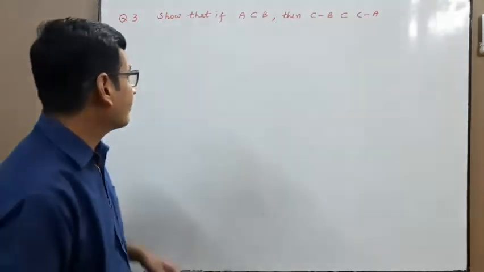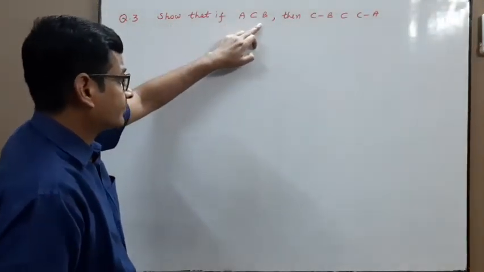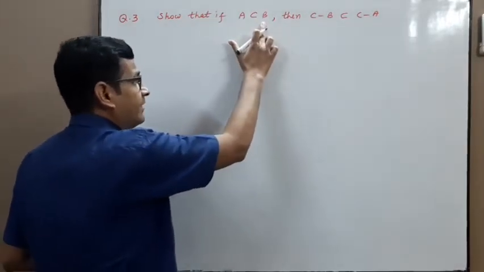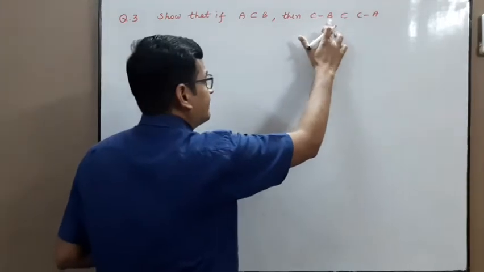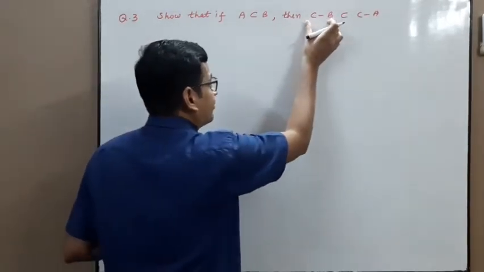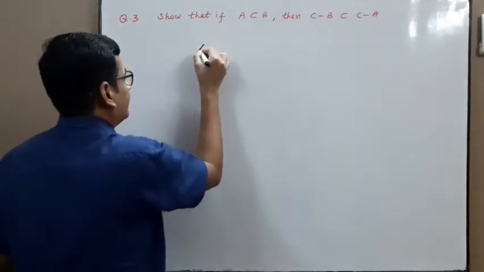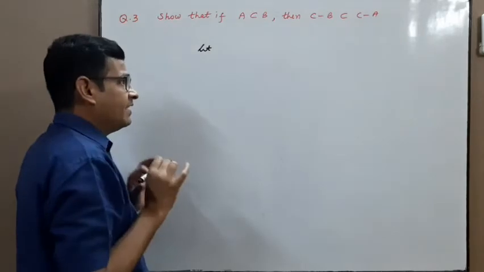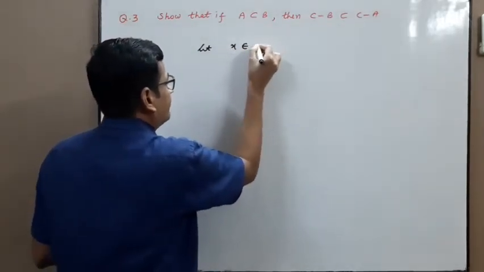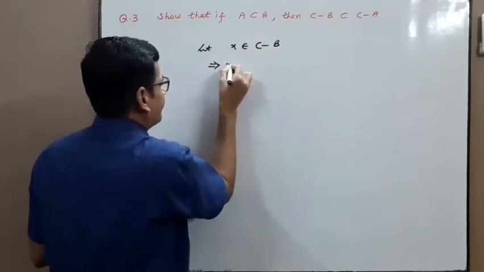Next problem. Show that if A is a subset of B, means every element of set A is also an element of set B, then C minus B is also a subset of C minus A. Means we have to show every element of C minus B is also an element of C minus A. So let X be an arbitrary element such that X belongs to C minus B. Now definition.